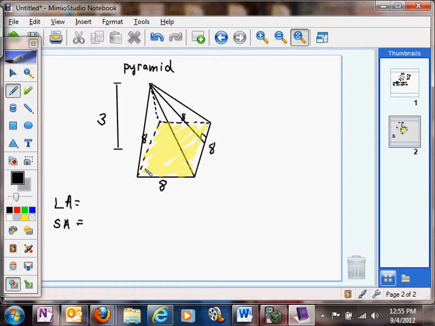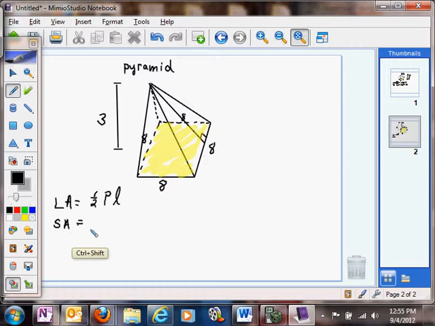The lateral area of a pyramid is 1/2 times big P times little l. I'll write the little l in cursive because it's hard to tell between an L and a 1 if I don't.